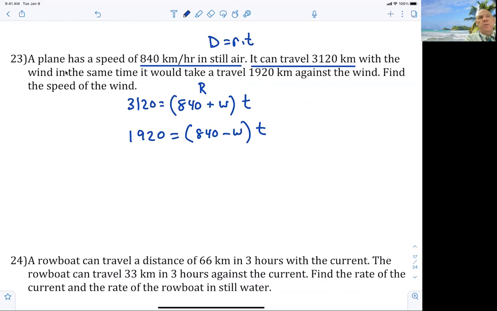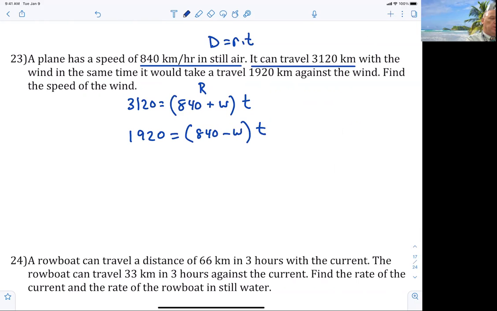Now, listen, on this one, I think it's a little bit different. Now, one way is we can just distribute the t, and you can see how simple this is.